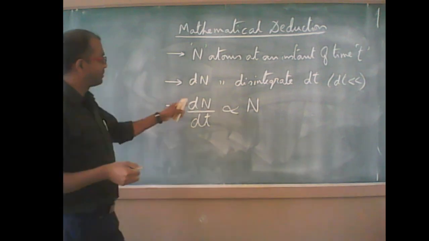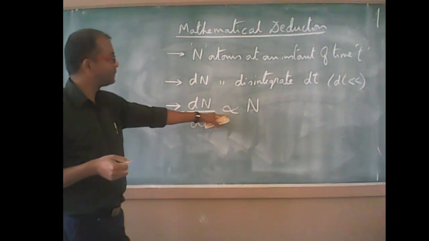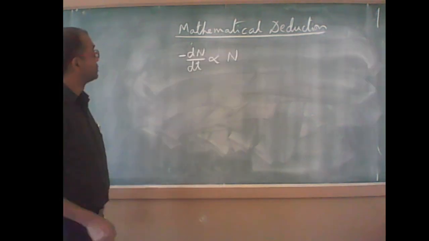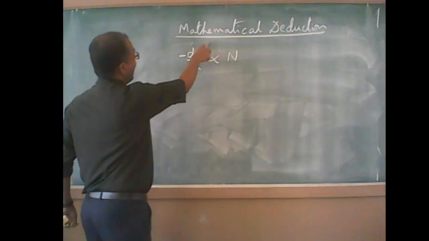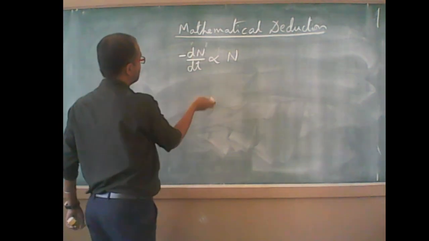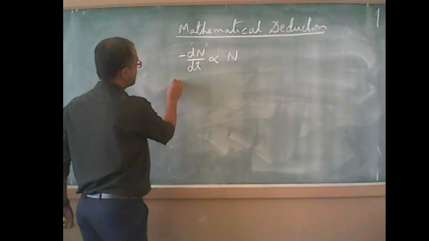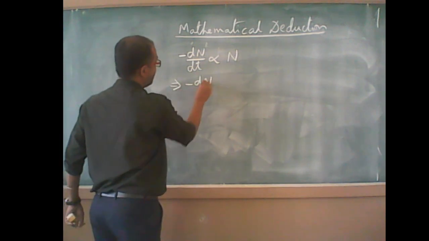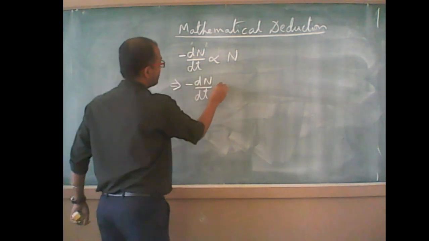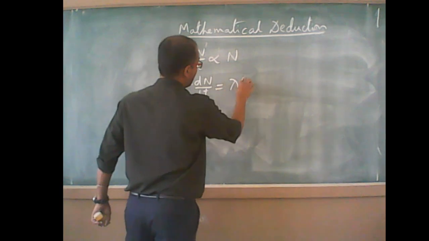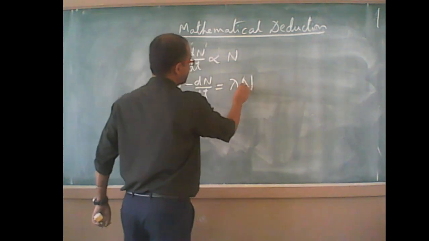The negative rate of change is proportional to n. So -dn/dt is proportional to n, which implies -dn/dt = λn, where lambda is called the disintegration constant.